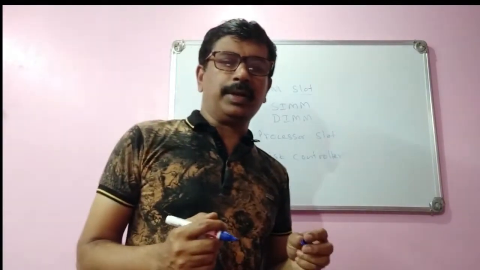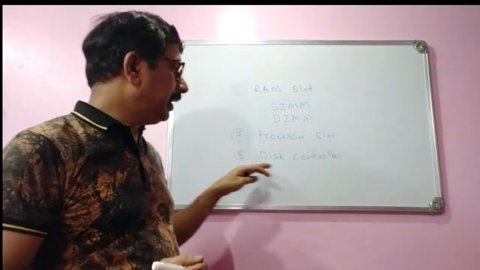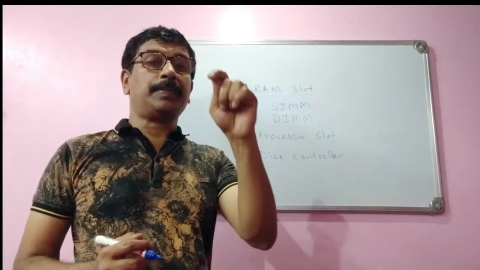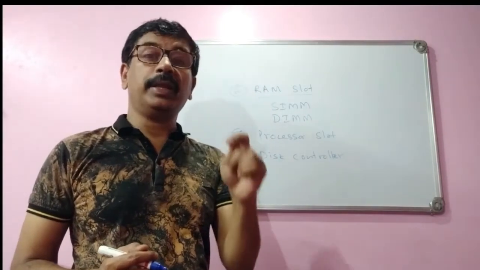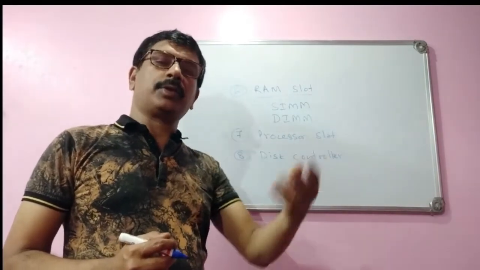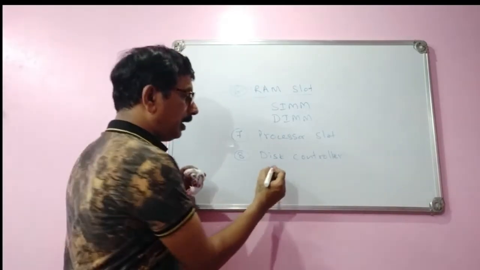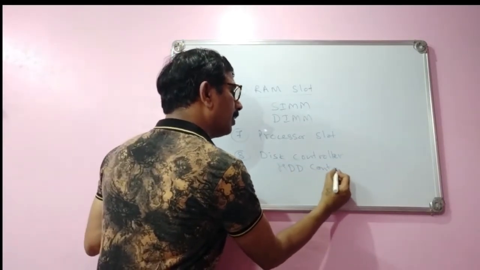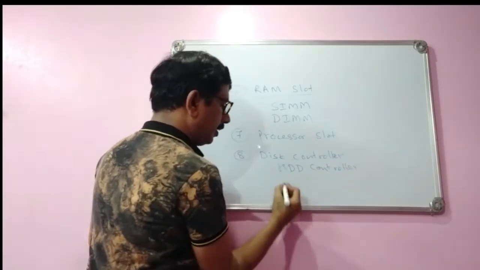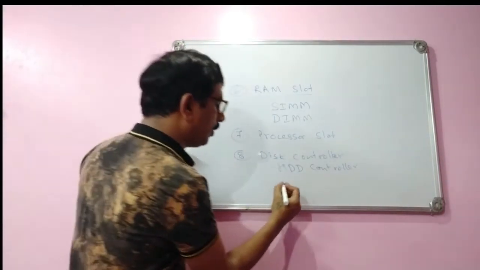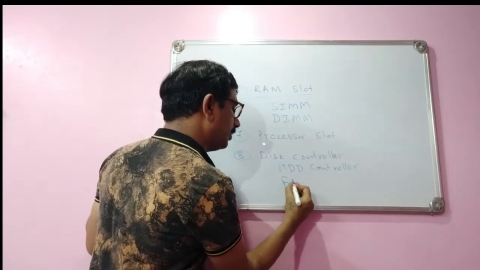Disk controller is needed to control all the external peripheral devices, commonly hard disk, and then earlier there was floppy drive. Hard disk drive controller. Even the earlier there was a storage device called floppy. There will be floppy disk drive controller.